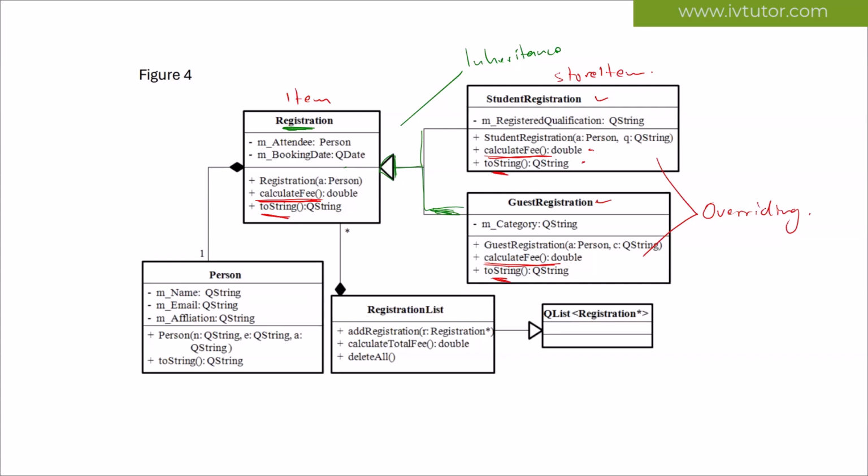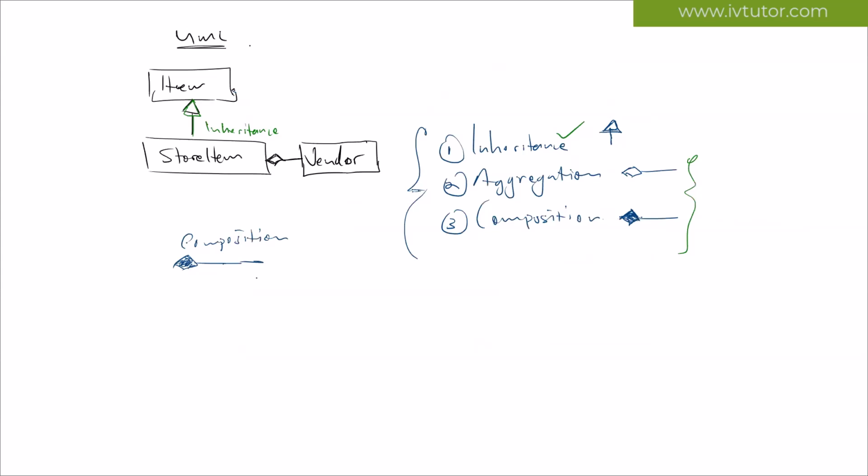Person is like vendor. Inside your store item, you've got a vendor, right? Inside your registration, you've got a person. Yes. That's what's going on here. So this relationship that you see between a person and the registration is exactly the same as what's going on here. Only that it's composition, but it's the same thing.